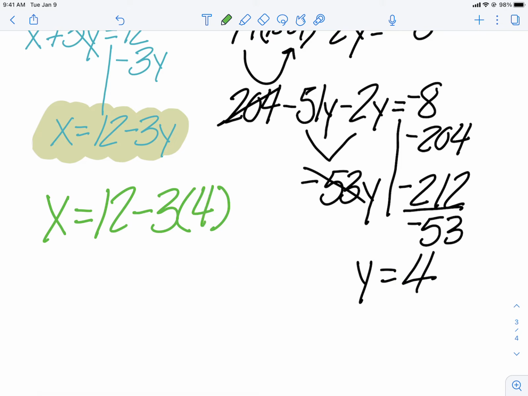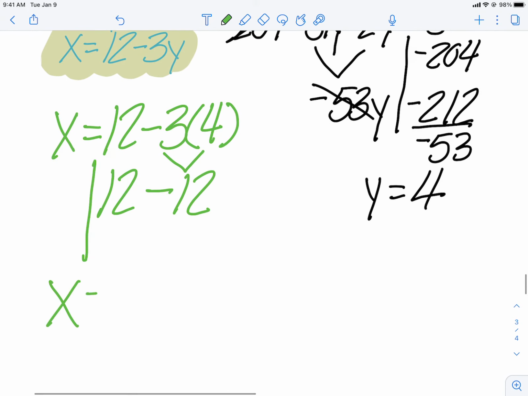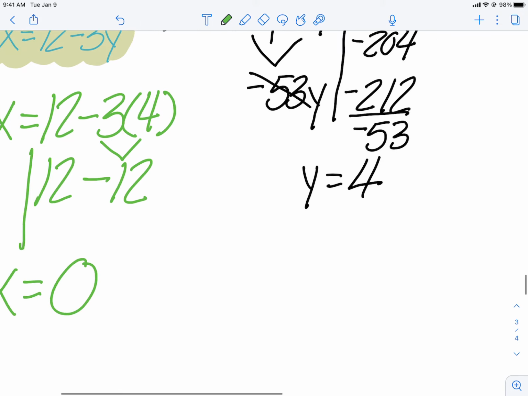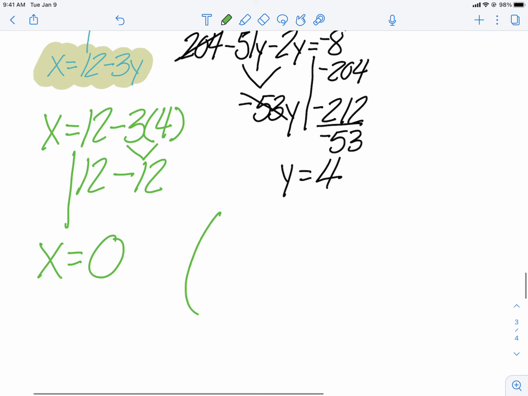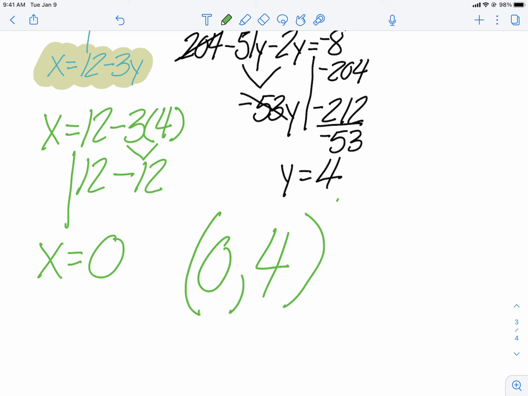So 4 goes there. 12, negative 3 times 4 is minus 12. 12 minus 12 is 0, kiddos. So my ordered pair is going to be x is 0, comma, y is 4.